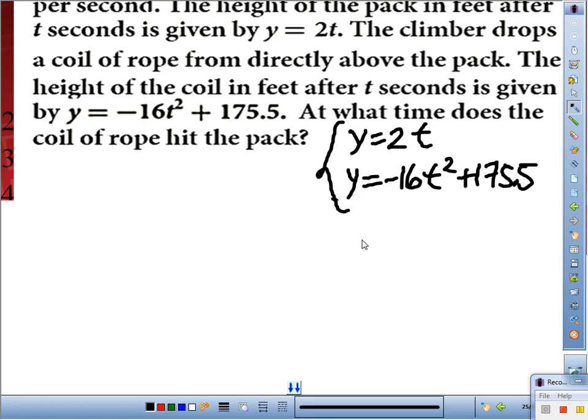Now, to solve it, it says, at what time does the coil of rope hit the pack? So she's pulling up, the other rope is going down. So what does that mean? When do they hit each other? But in a graph form, what does that mean? When do they intersect? Look at it.